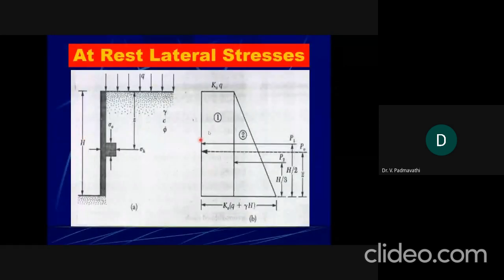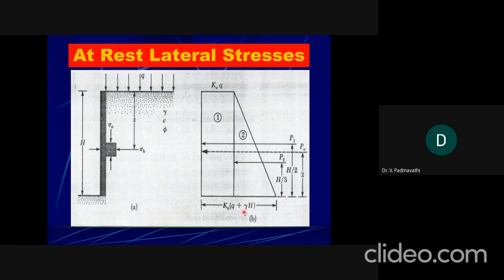So here, this retaining wall is experiencing some overburden pressure from the soil. Due to the soil, the lateral earth pressure is 0 at the ground level, and it will increase up to the bottom of the retaining wall, which is nothing but K naught into gamma into H, if C is equal to 0.